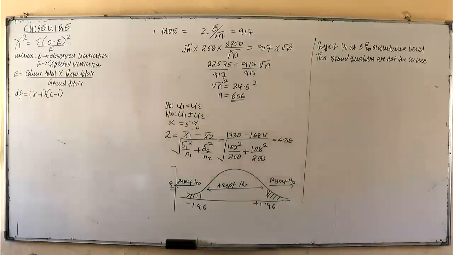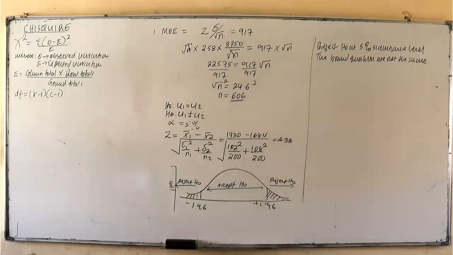So now let's do chi-square. I had mentioned chi-square is one of the distribution techniques: Z-test, t-test, chi-square. Chi-square is used to compare the attributes. I remember giving you this formula.